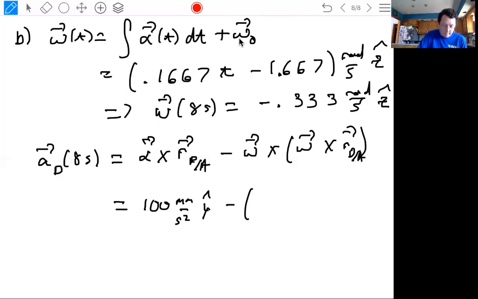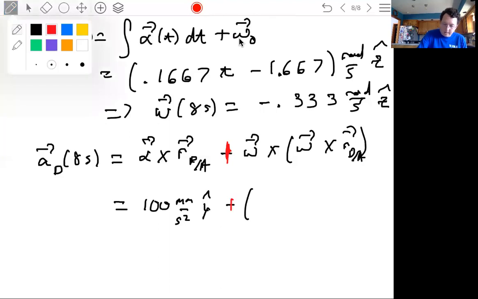The second factor gives me, so minus, and I get two factors of omega, and hold on a second here. Did I put an extra minus? I think I put an extra minus in there. I have an extra minus sign. This should have been a plus here, which makes this a plus.